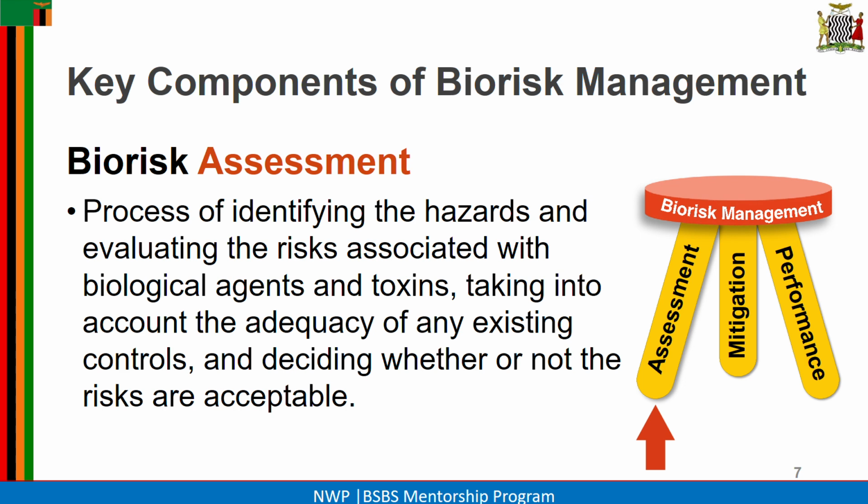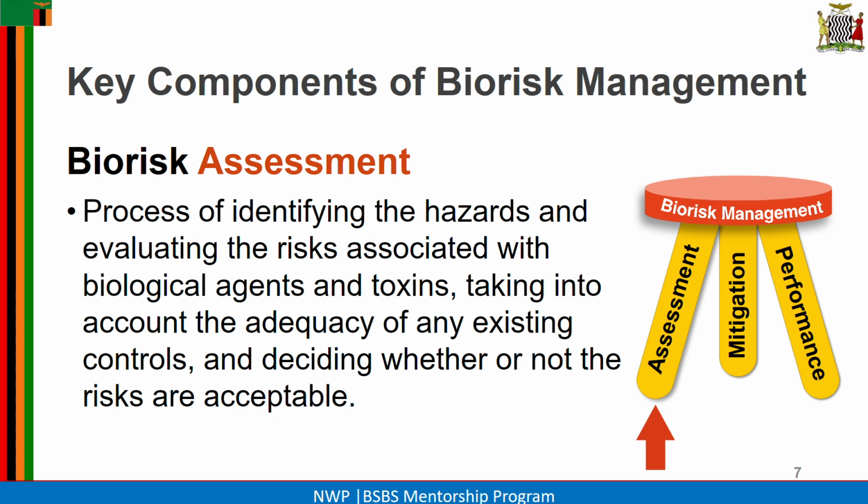So what do we mean by this? When you're doing a biosafety risk assessment or a biosecurity risk assessment, the first thing you need to do is identify the hazards. So you need to look at what hazards are applying to biosafety and what hazards are contributing to your biosecurity risks. Then after you look at the hazards, mostly these hazards will be biological in nature.